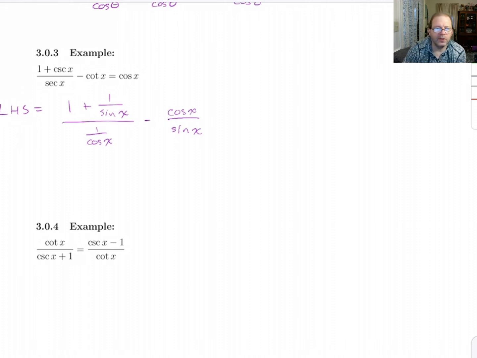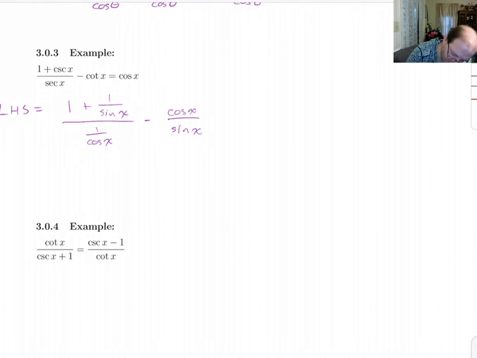So what can we do to this? All right, here's what I want to do. Over here, we've got a sine for our denominator. Over here, we've got this denominator. Let's take this and multiply by the reciprocal of that.